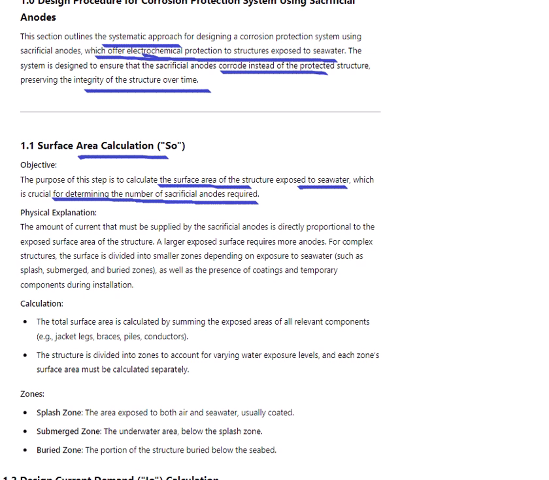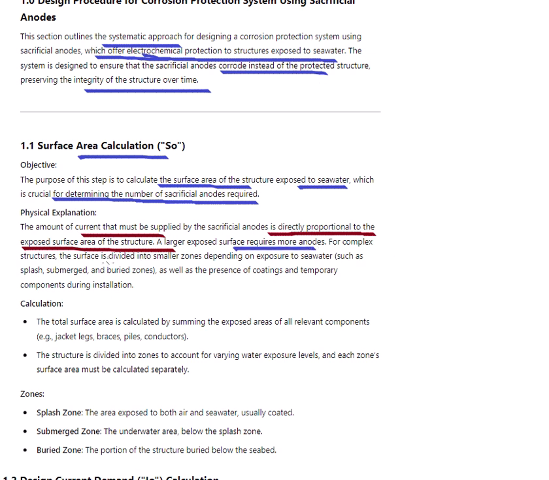The amount of current that must be supplied by the sacrificial anodes is directly proportional to the exposed surface area of the structure to be protected. So if the surface area is larger, more anodes are required.